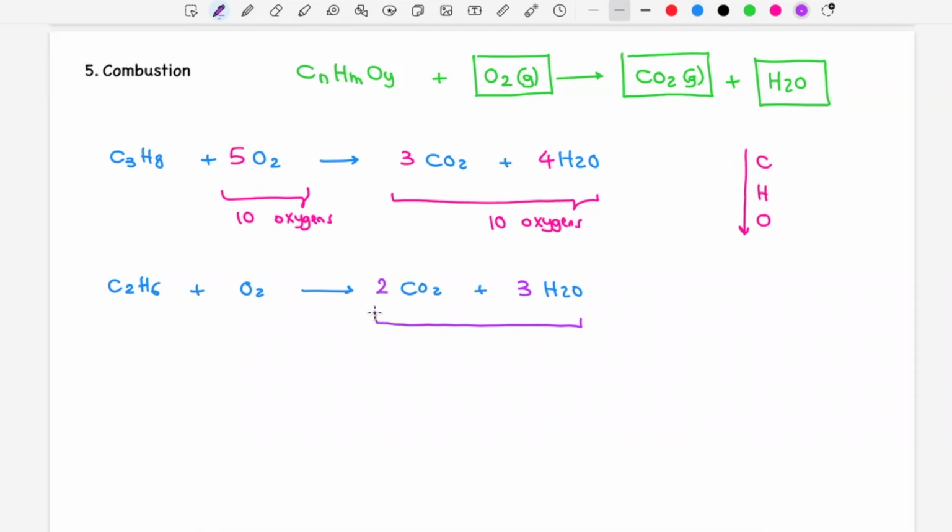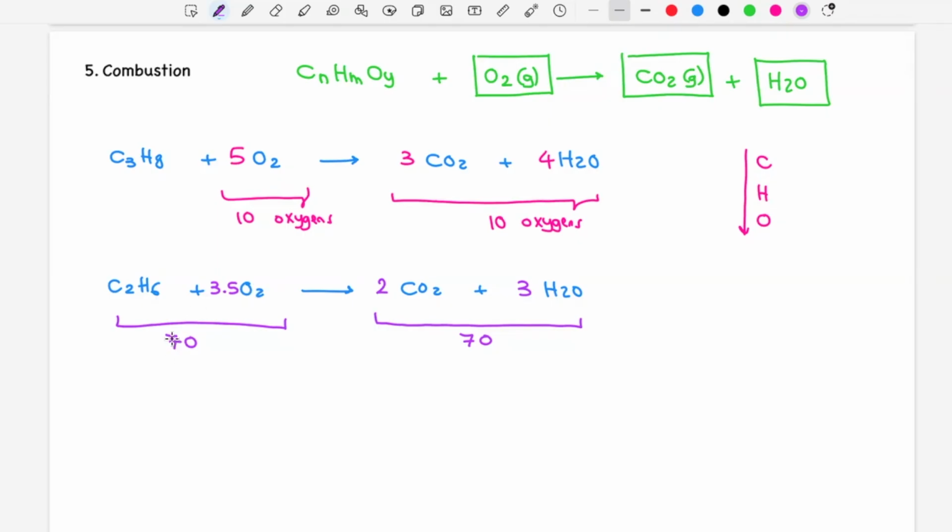There's 4 here, 3 here, so we have 7 oxygens. So we need to have 7 oxygens on the left as well. The only way I can make 7 oxygens is by putting 7 over 2 over here, because then when it's times 2, it's 7. You can think of it as 3.5, for example, since 3.5 times 2 is 7.